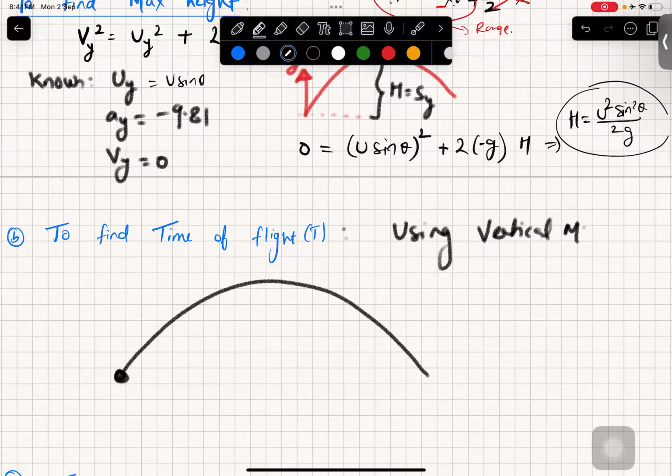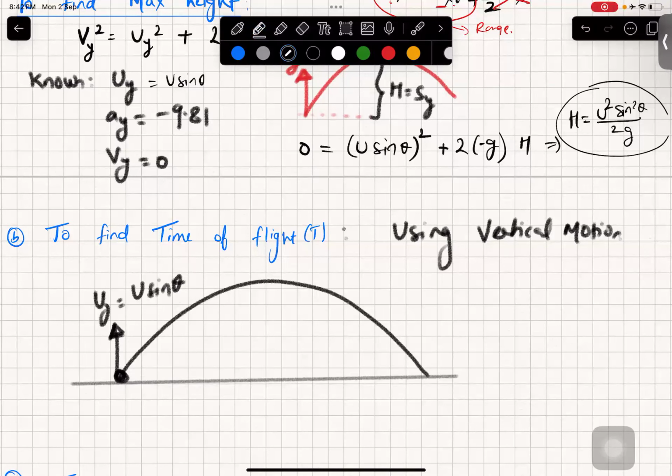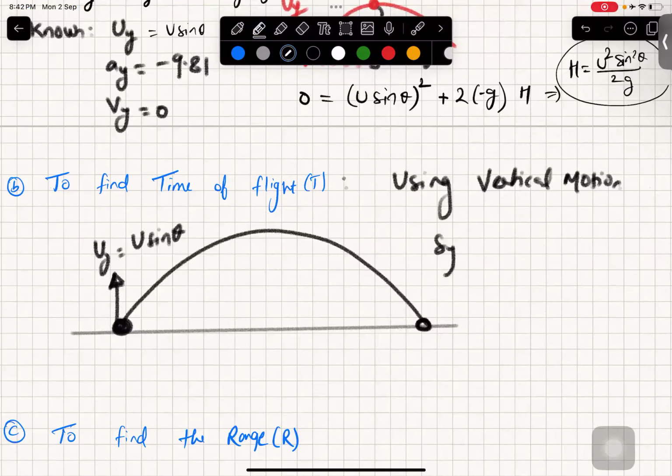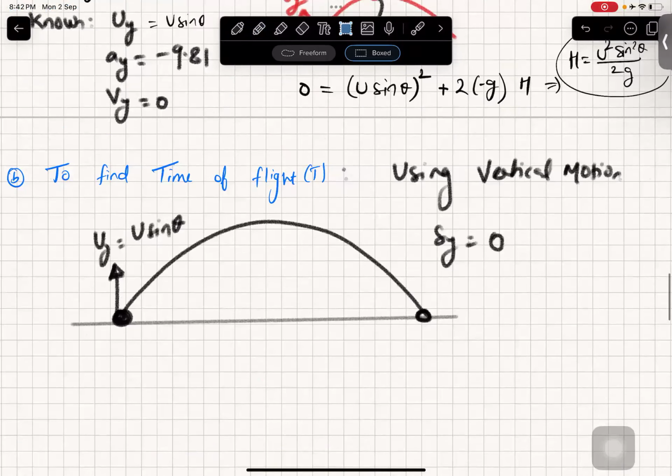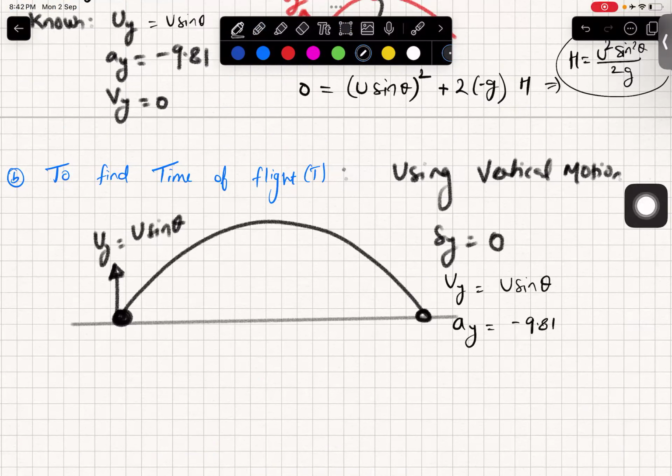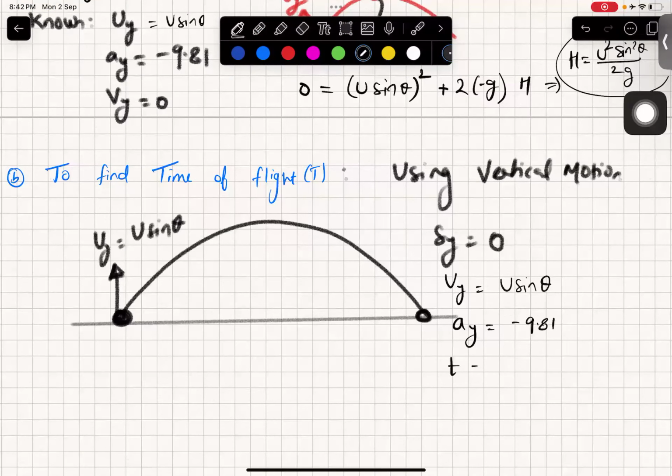And if the trajectory is symmetric, like in this, so your start height and end height are on the same level, then can I say its vertical displacement is going to be zero? We already knew its initial velocity is u sine theta. Acceleration in y direction is negative 9.81, the same as negative gravity. And I'm looking for this t, the time.